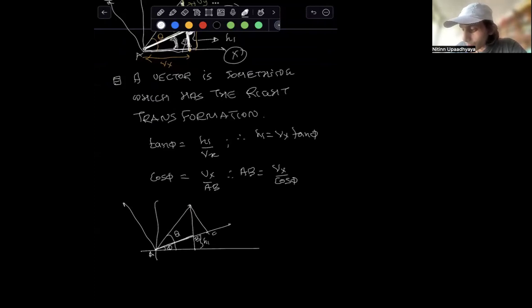Now, what is this height? We already know that the total height is Vy. So this height, maybe I can use a symbol P here, PB, is nothing but Vy, the original y component, minus h1.